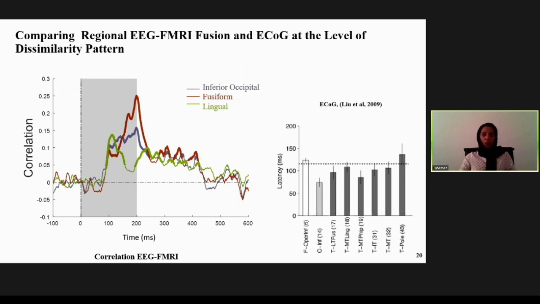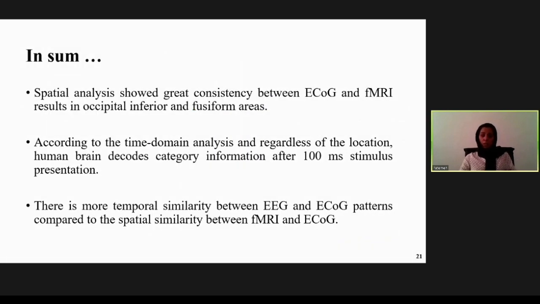The first time point at which the correlation of the similarities is significant is comparable to the mean latency in ECoG data. There is a similar latency in occipital inferior, fusiform, and lingual areas, but not in parahippocampal, temporal inferior, and temporal pole. In sum, spatial analysis showed a great consistency between ECoG and fMRI results in occipital inferior and fusiform areas.